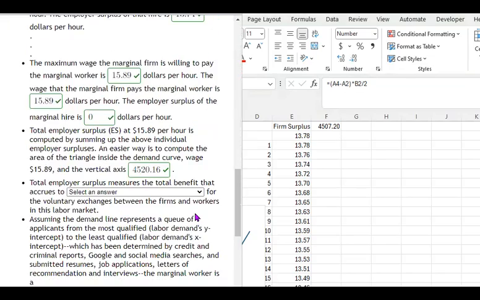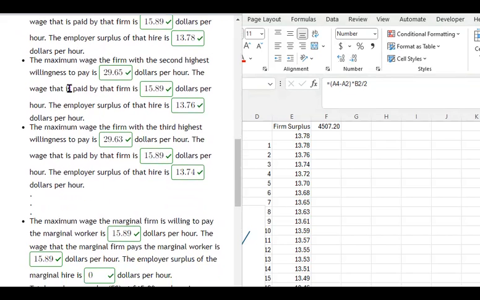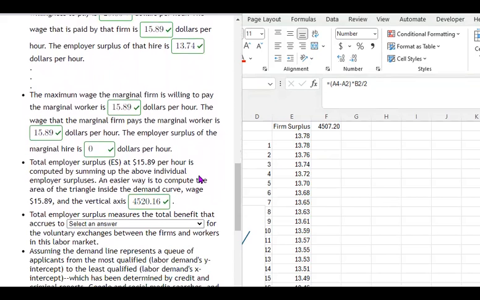We can get this total employer surplus by adding up these individual firm surpluses for each of the 655 employees hired, which we did in this data table over here, or we can just calculate the area of the triangle. Generally the area of the triangle is the one that's preferred because it's a quick calculation.